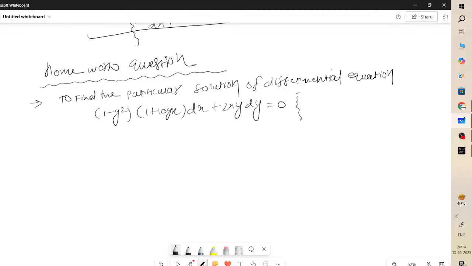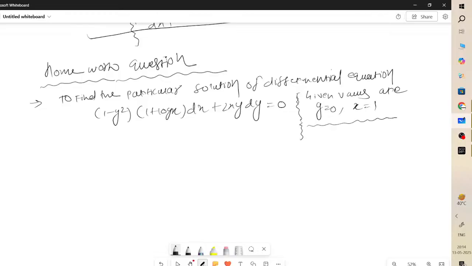In this question we have to eliminate c. Like in the previous question we eliminated c with the help of a given value, and here the given values are y equals 0, x equals 1.